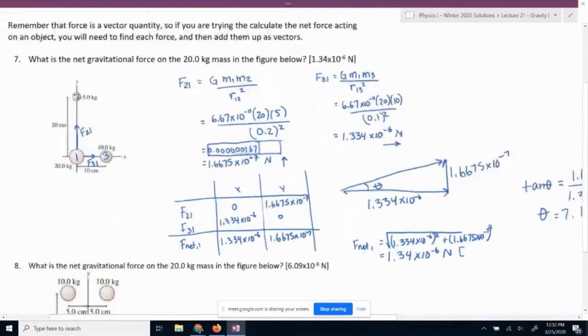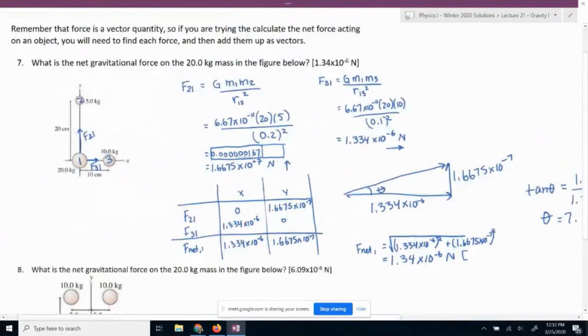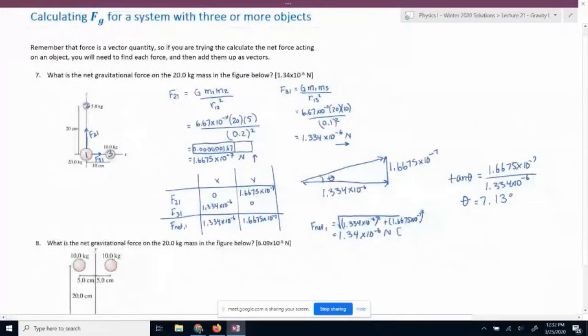And then how should I give my direction? Think about how the question was given to me with an x and y axis, not with northeast, southwest. Above the x-axis? Yeah, good. So it should be 7.13 degrees above the positive x-axis. And that's it.